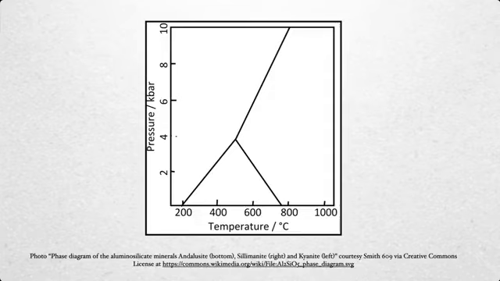So if you look down at the x-axis, it is temperature, and the y-axis is pressure, which is measured in kilobars. So the big one that's kind of cockeyed on the upper left there, that's your kyanite. The andalusite is a little pyramid down on the bottom, and the sillimanite is the big chunk on the right.